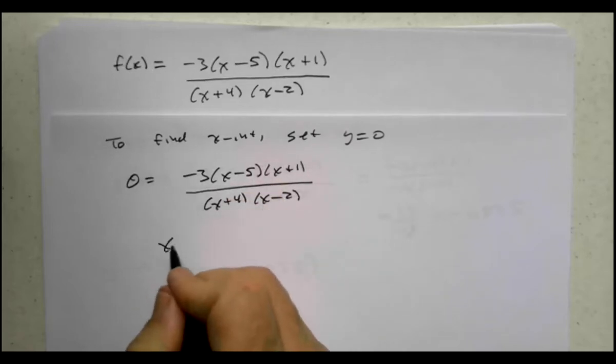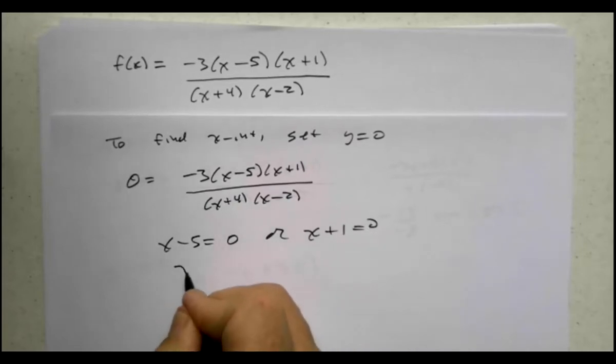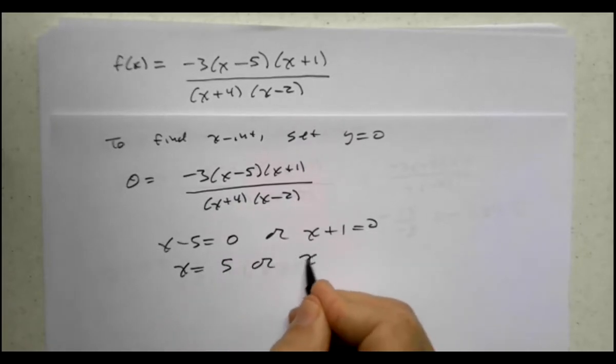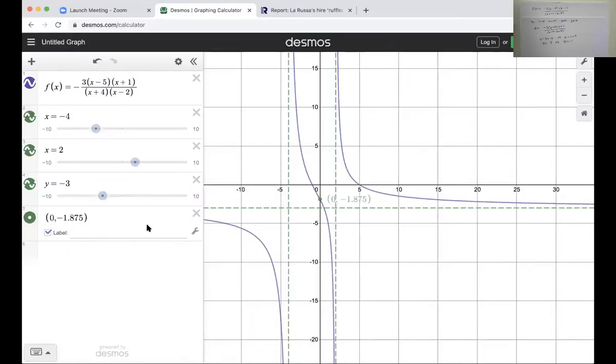Setting the top equal to 0, x - 5 is 0 or x + 1 is 0, so x is 5 or x is -1. Then we take a quick look at our graph. Do we see it at (5, 0)? We do. And do we see it at (-1, 0)? We do. Those look like our intercepts.